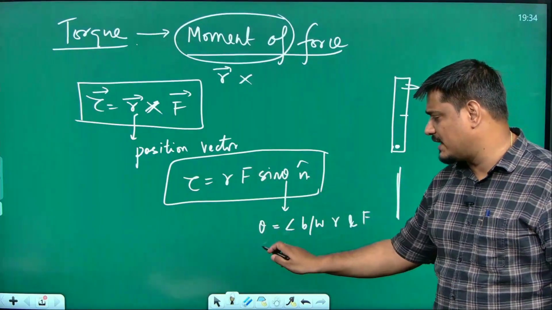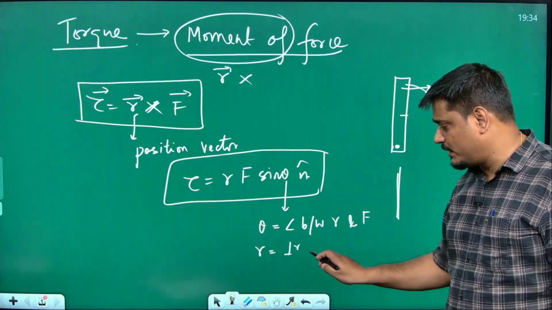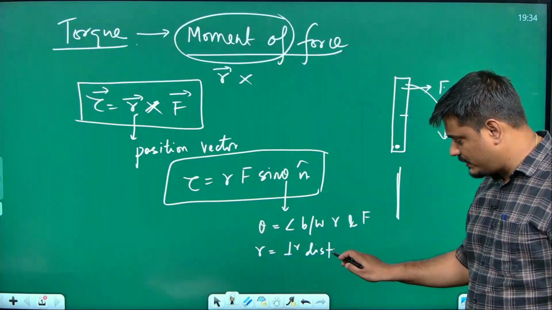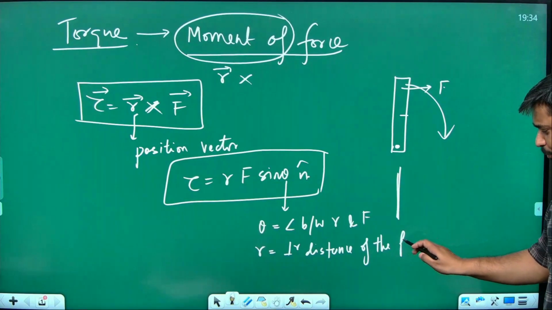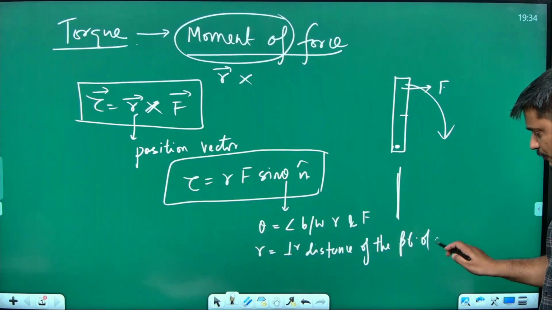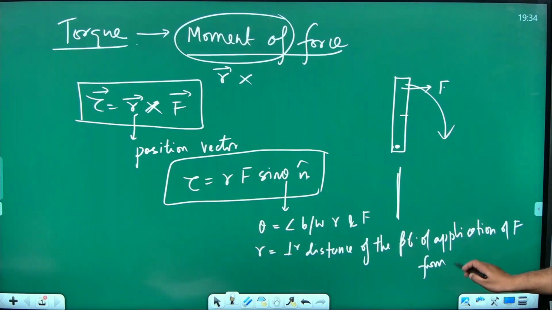In scalar form, R is the perpendicular distance of the point of application of force from the rotational axis. All these things will become clear to you. Let me come with an example.